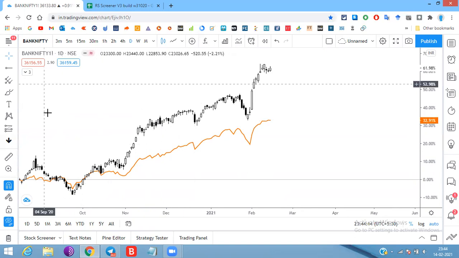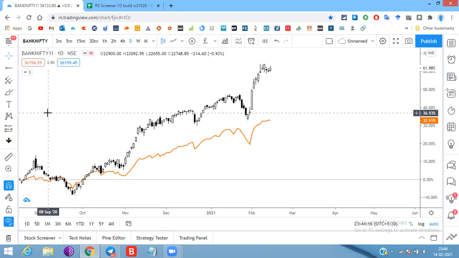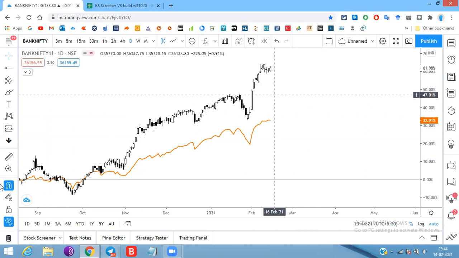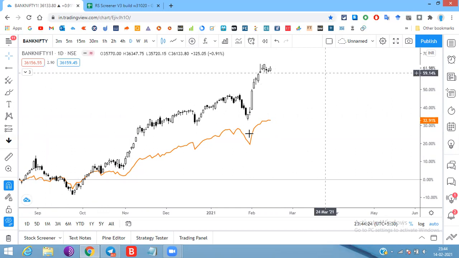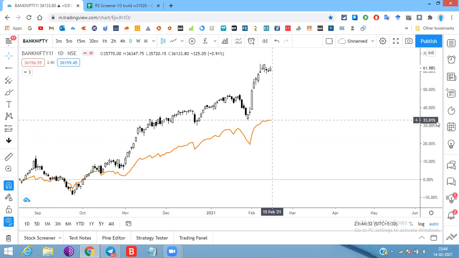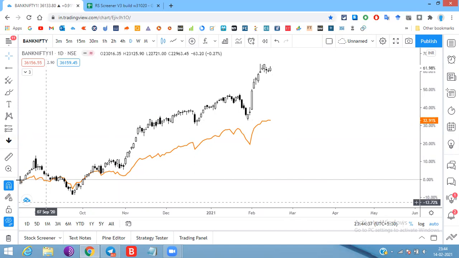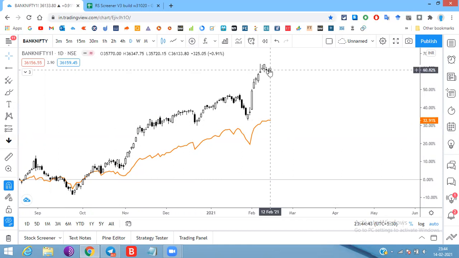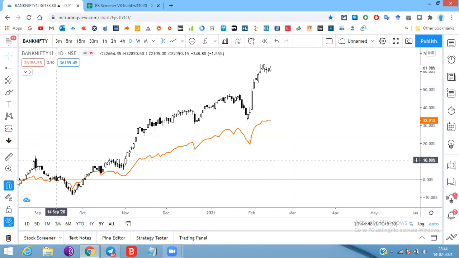So this is the first method of using, this is called spread charts. So in SRS we can see if the Nifty has moved up by 32.99% from 19th of August, then the Bank Nifty has moved by 61.98% from 19th of August.